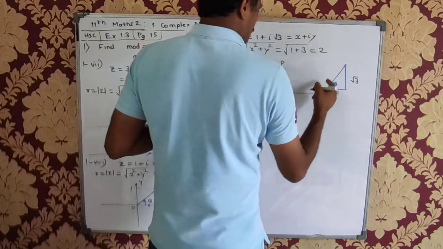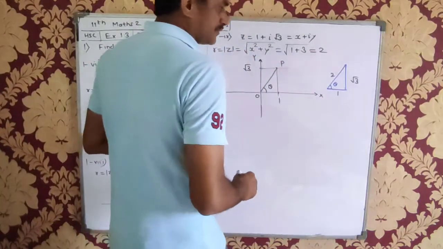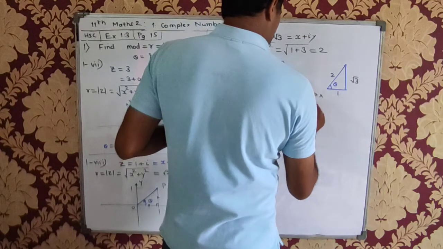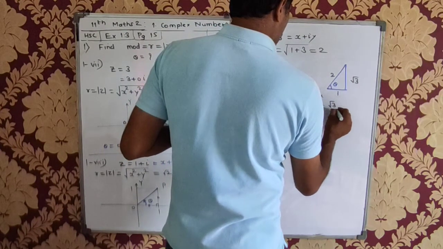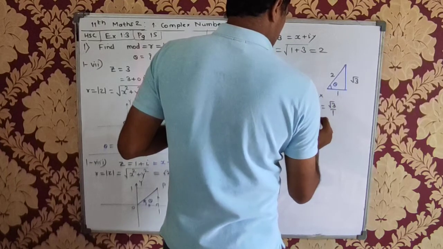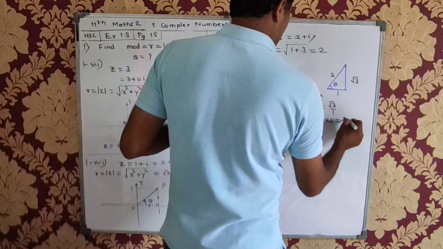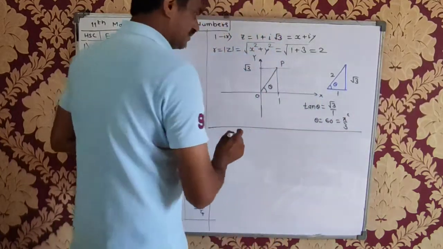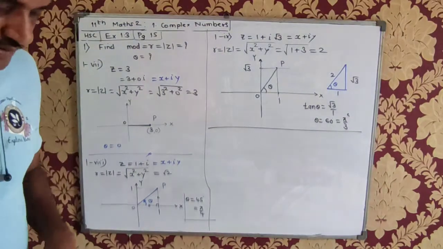And this is 2. So tan theta is equal to root 3 upon 1. Which angle is this? This is 60 degrees, pi by 3. That's it. Okay? Any doubts about that?